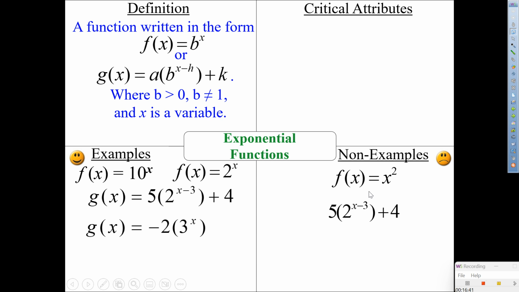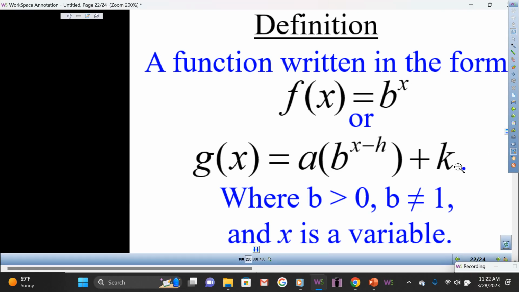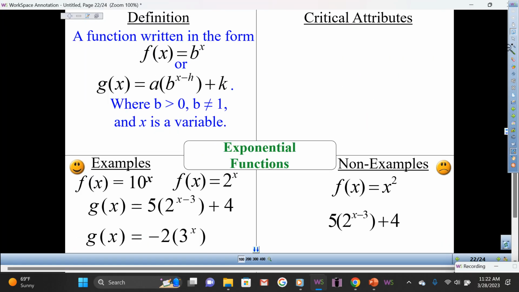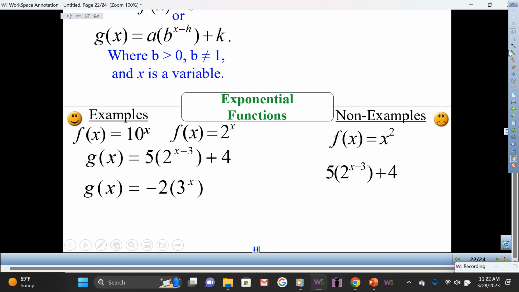Caleb. So the number has to be where? So the base does not have a number. That is correct. And what did we say?